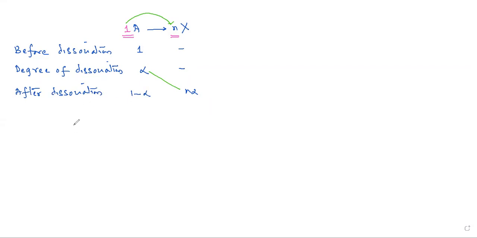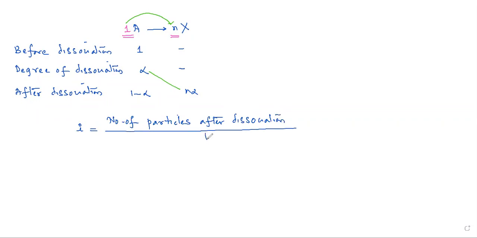Now again, i can be given as number of particles after dissociation by before dissociation, right? Now, what is the number of particles after dissociation? 1 minus alpha plus n alpha by, we have actually started with just one particle.